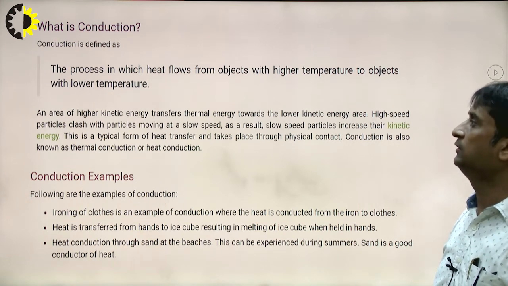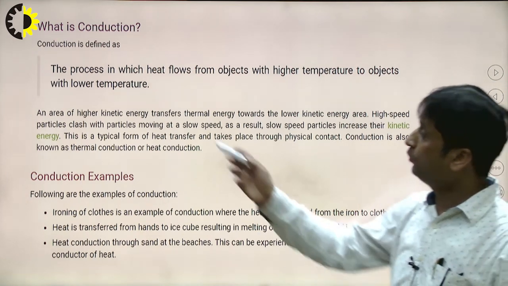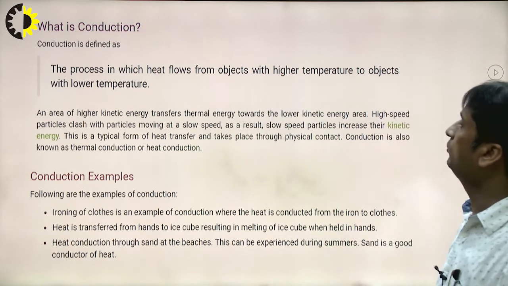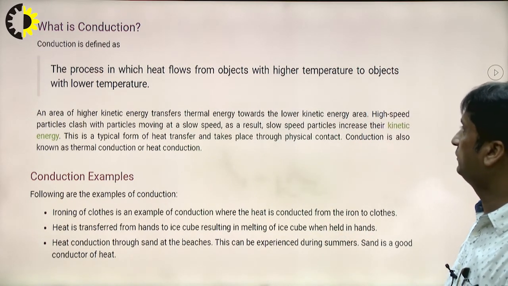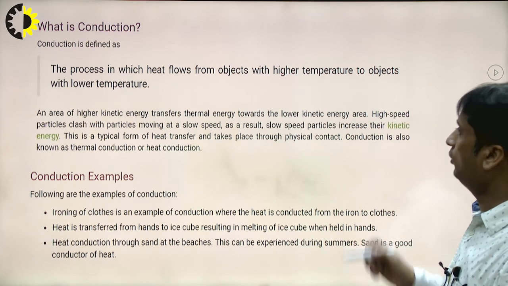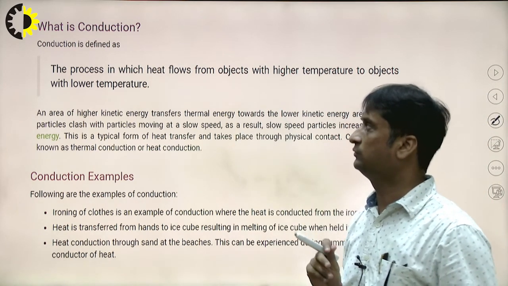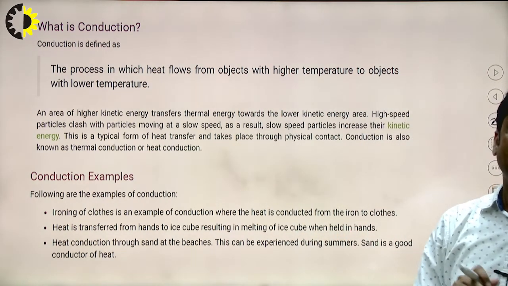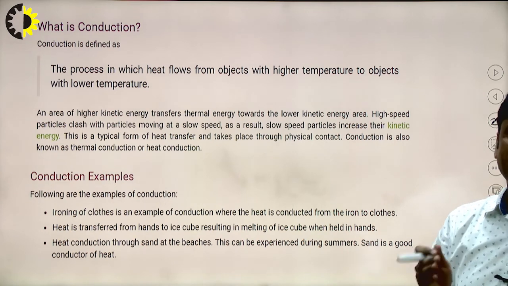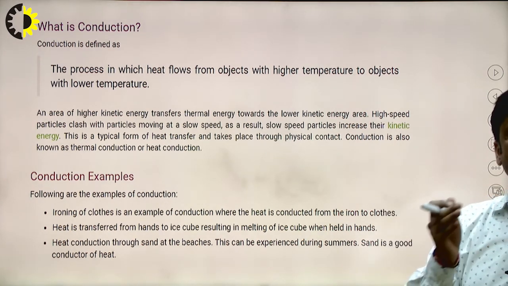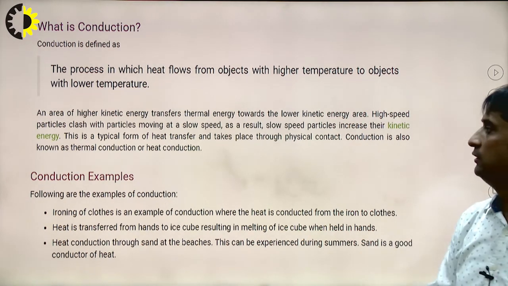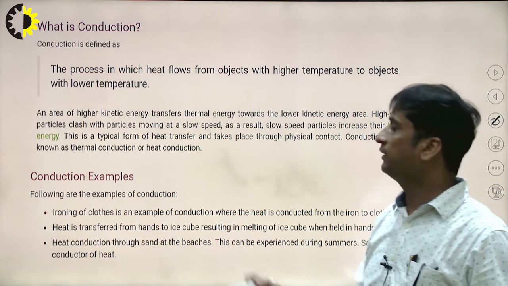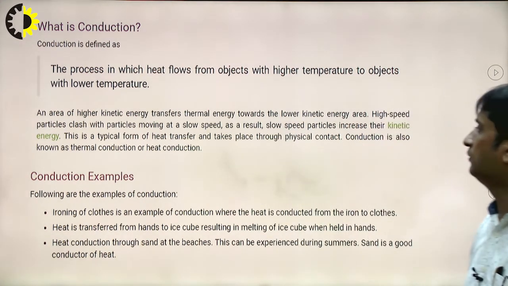Conduction is defined as the process in which heat flows from an object with higher temperature to an object with lower temperature. Basically we are talking about solids here. An area of higher kinetic energy transfers thermal energy towards the area of lower kinetic energy.